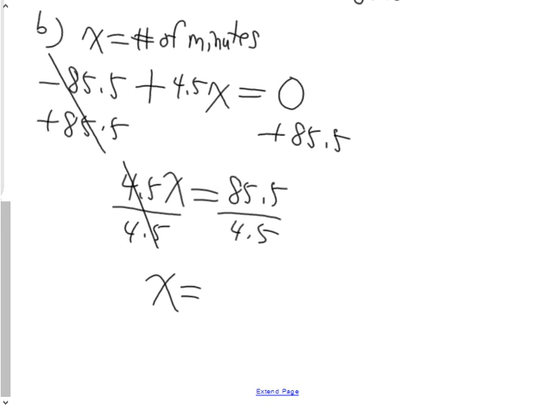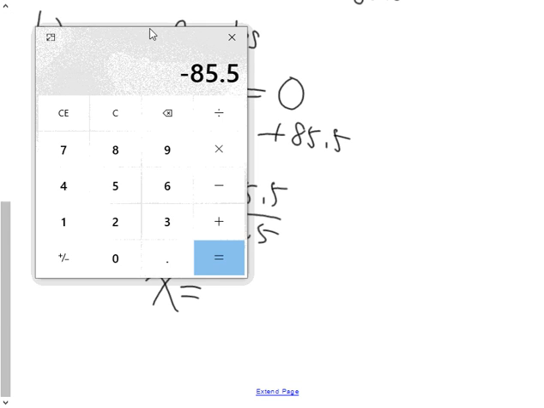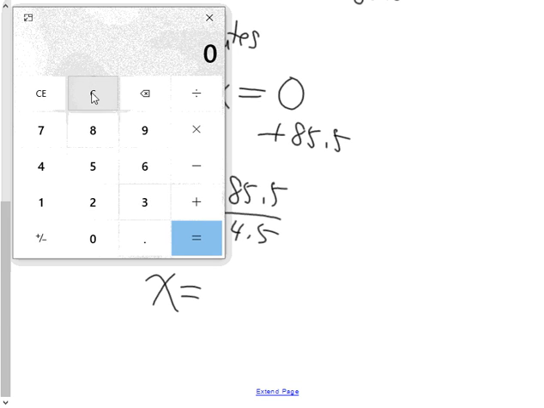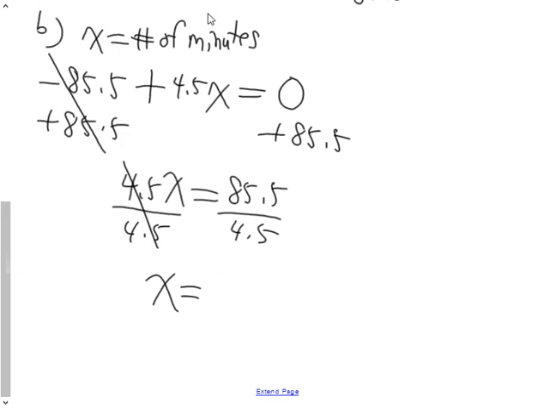So if I'm 85.5 meters below the surface of the water, and each minute I rise 4.5 meters, if I divide those two, that's going to tell me how many minutes it takes. So 85.5 divided by 4.5 says 19.